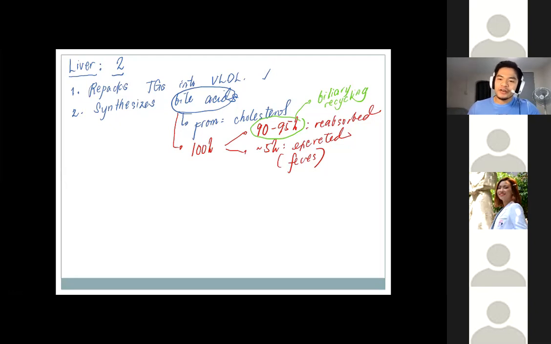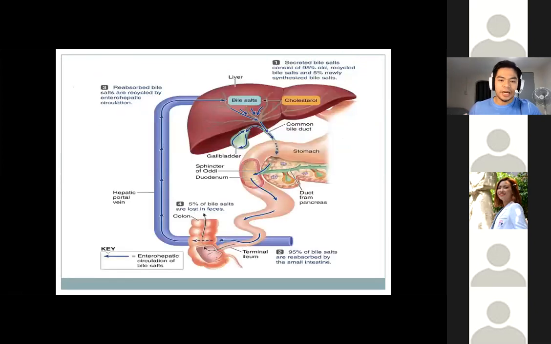So 90 to 95% of bile acids ay nare-reabsorb via biliary recycling, or this is also known as enterohepatic recirculation. So in connection to that, let's explain this figure. This is the mechanism of biliary recycling in the body. So ito yung process called biliary recycling.